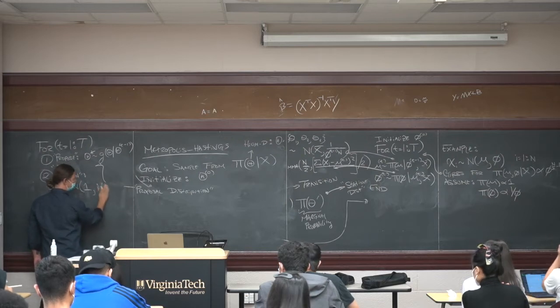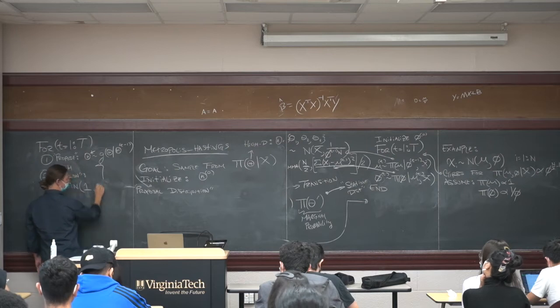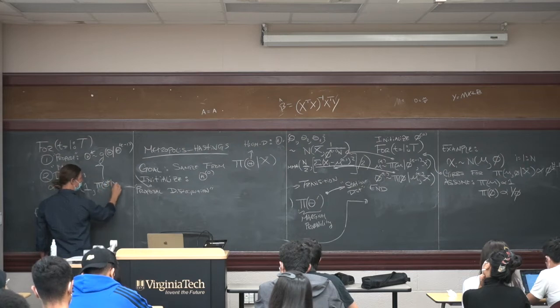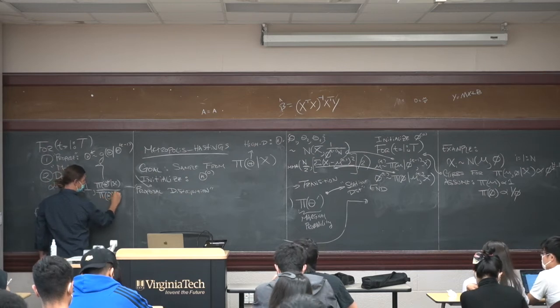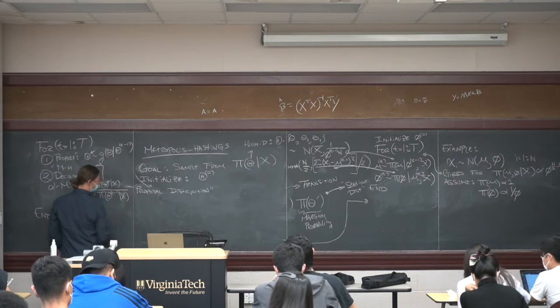I'll name it in a second. So this is going to be pi of theta star compared to pi of theta where we previously were, t minus 1. And then I'm going to account for my proposal.